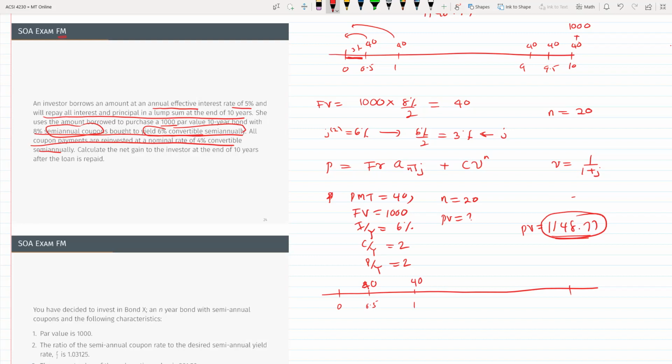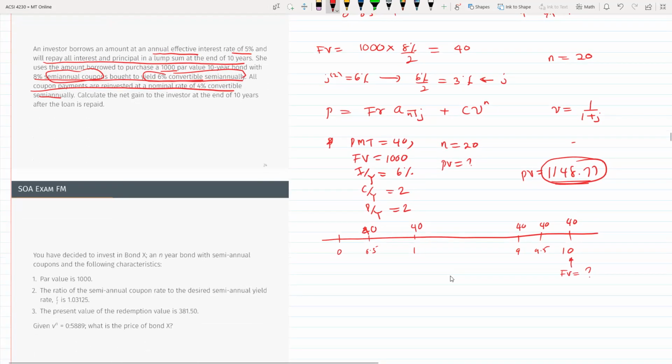And the last one, here you have 9, 9.5, 10. All of this you are depositing $40. Right away you get the coupon amount, you deposit. Okay, so we need to know the future value here.